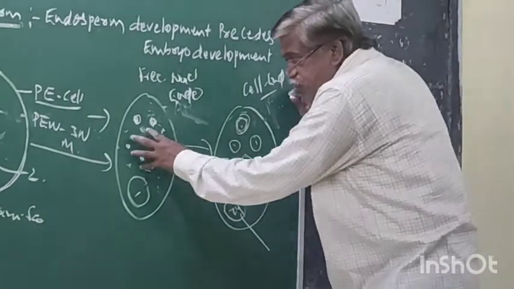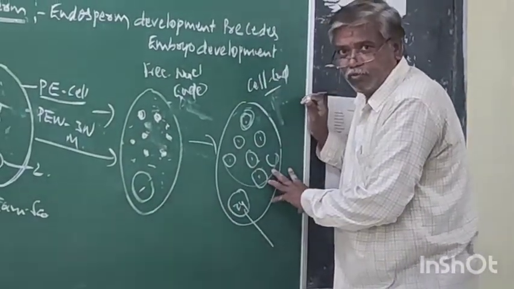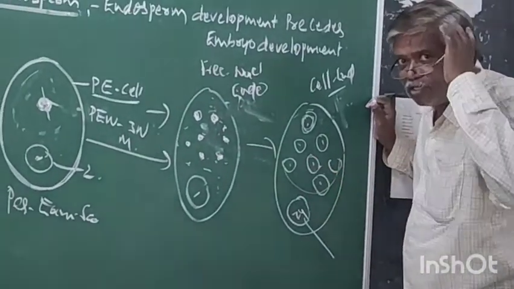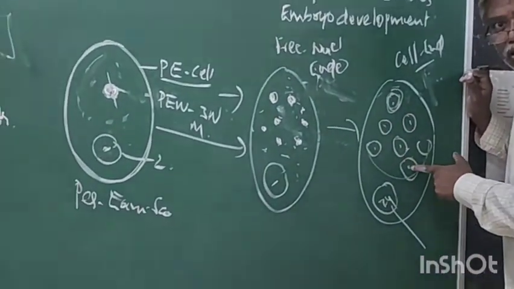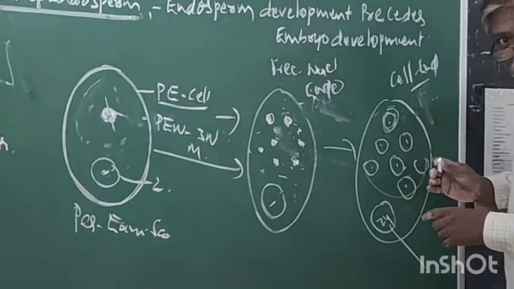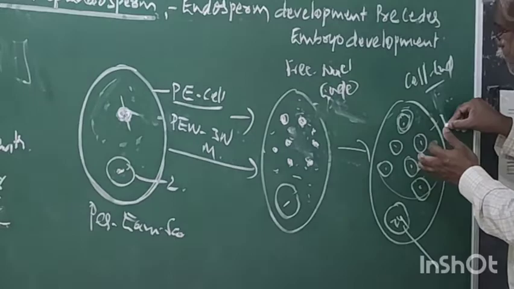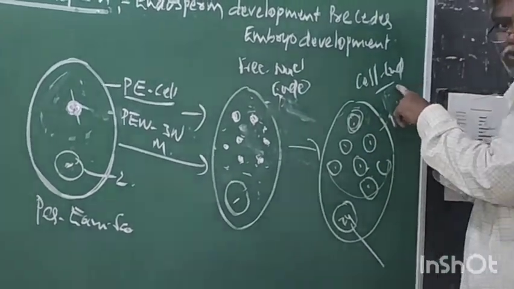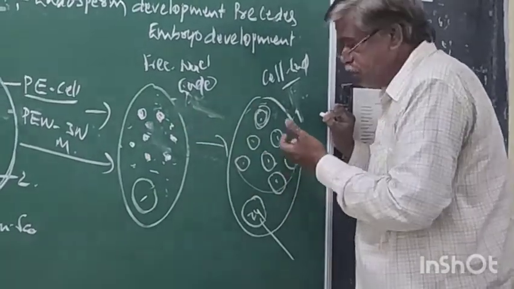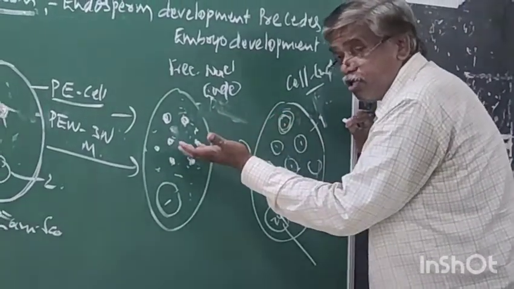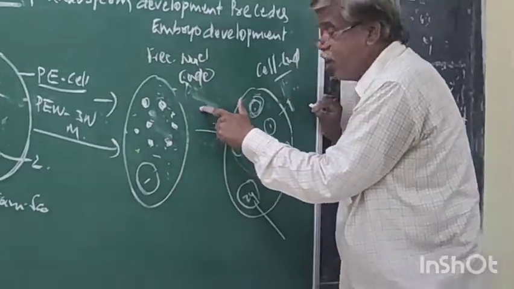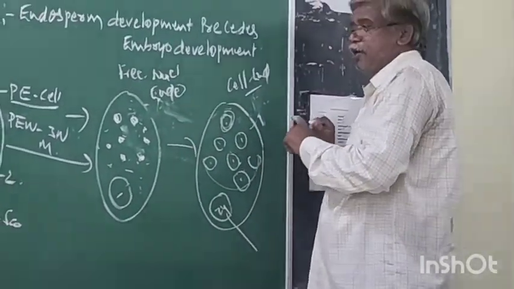Without this stage there is no that stage. It is the tissue, just catch the point. How many cells? Thousands. Is it a group of cells or a single cell? A group of cells, and a group of cells is nothing but tissue. Name the tissue: endosperm. Now this endosperm has cells, but before this, only nuclei. That is, pre-nuclear endosperm becomes cellular endosperm.